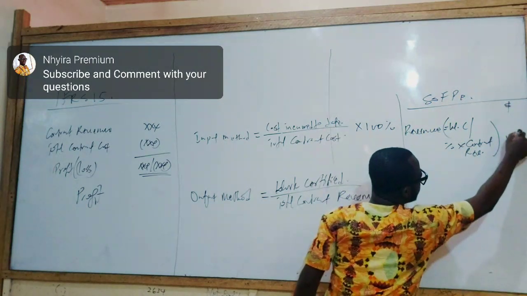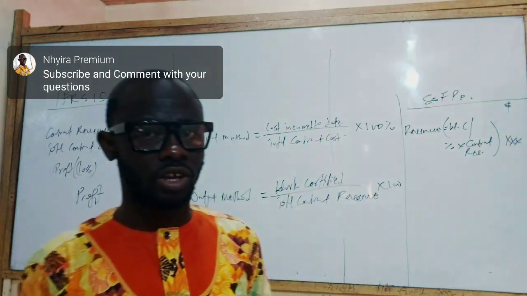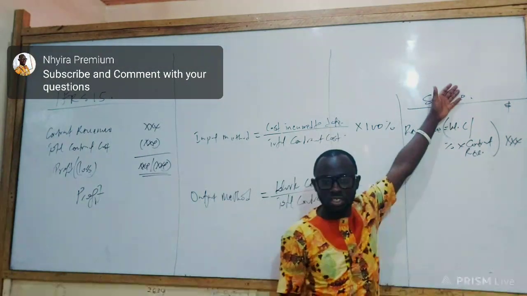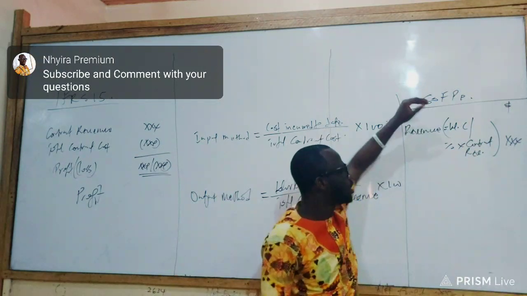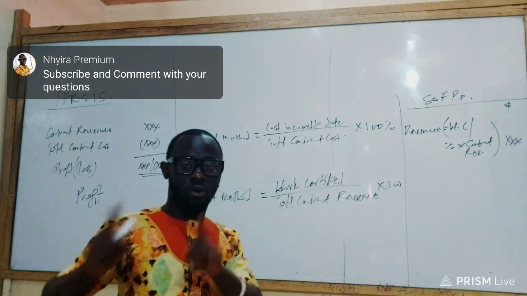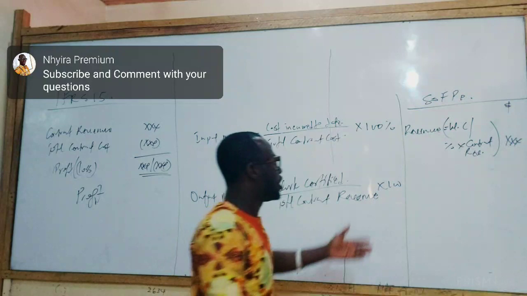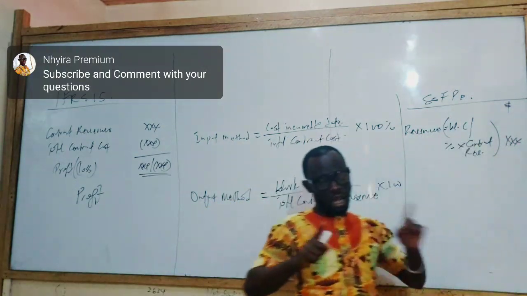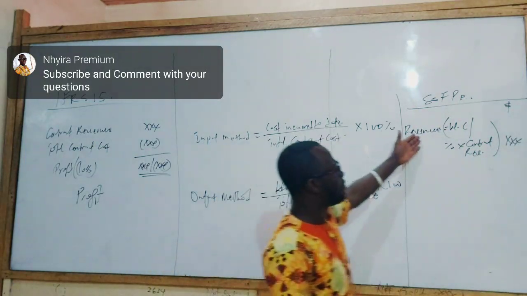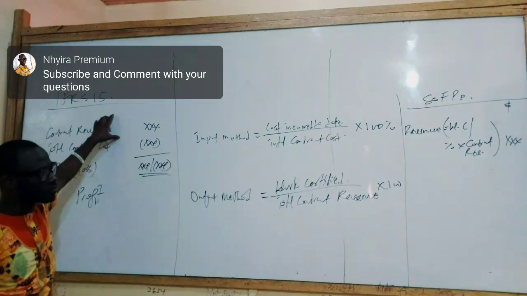So these two are the ways that the revenue is computed. I want you to make sure you understand what we're doing very well. So if we are preparing the statement of financial performance, our revenue can be the work certified. So if in the question we are given work certified, that work certified could be the same as what? Our revenue. However, in other cases, we're going to be taking the revenue as what? A percentage of the contract revenue.